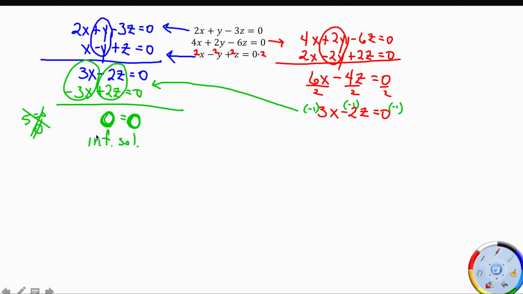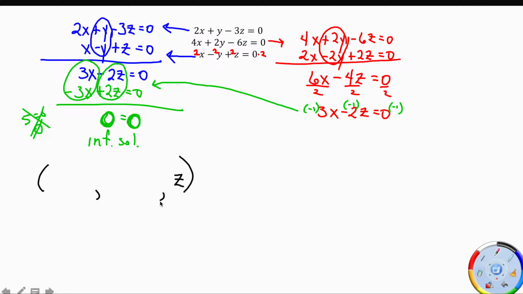All right, so if I have infinite solutions, and let's say we're going to leave z arbitrary, the last one arbitrary, that means my answer is going to look like this if z is arbitrary.